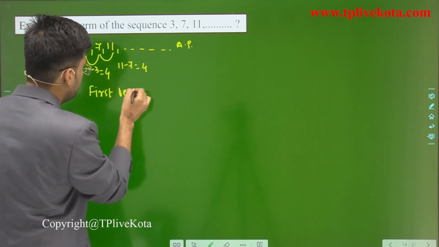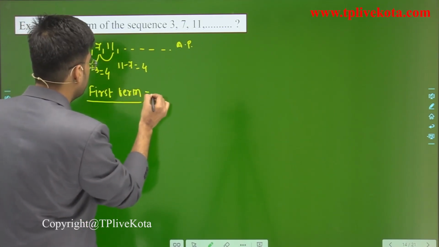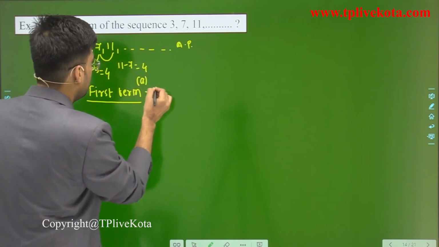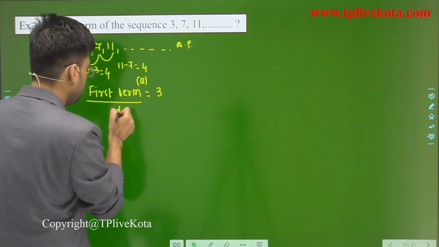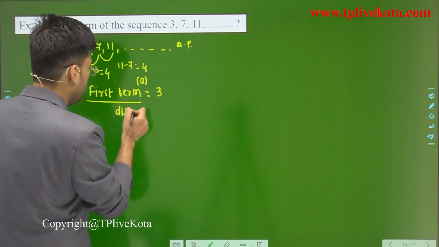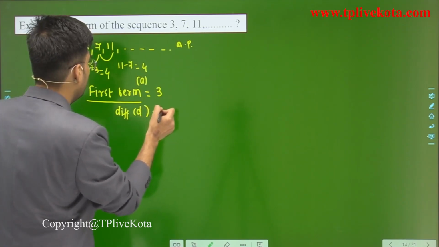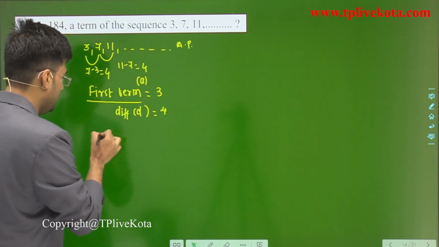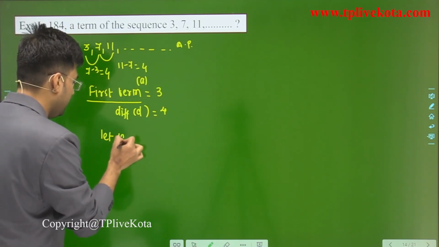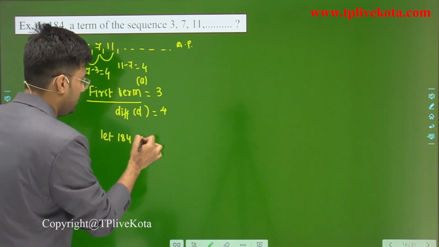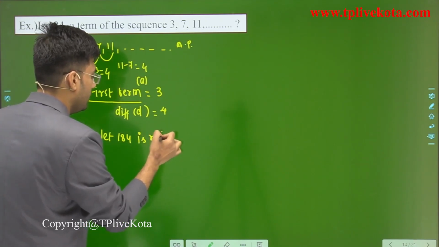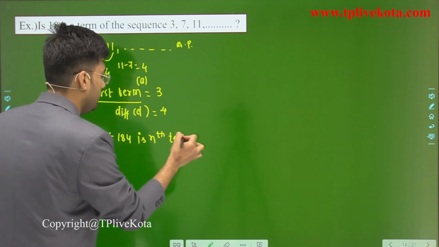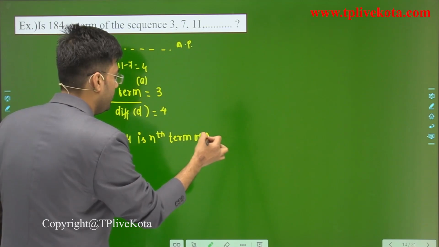Now what is the first term? First term is 3 and common difference d is 4. Clear? Now let's assume 184 is the nth term of the AP.